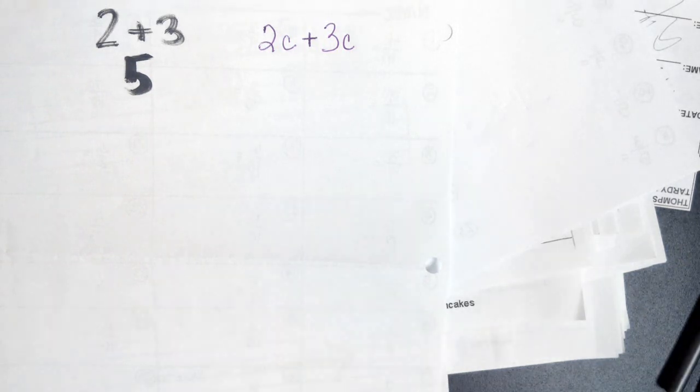They are like terms because they both have the C. We can put those together because it's going to be 2 times whatever C is, or 3 times whatever C is. So that's why we can put it together. The C would be the same. So 2C plus 3C can be put together, and it is 5C.